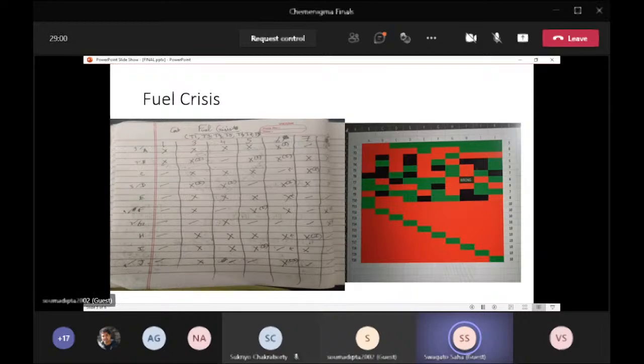So, for instance, A and B are indistinguishable after tests 1 and 3, but after test 4, A and B can be distinguished since B responds to it positively while A responds negatively. So similarly, at the end of all the tests, the 10 elements can be distinguished uniquely.